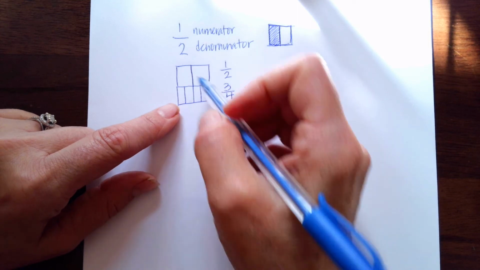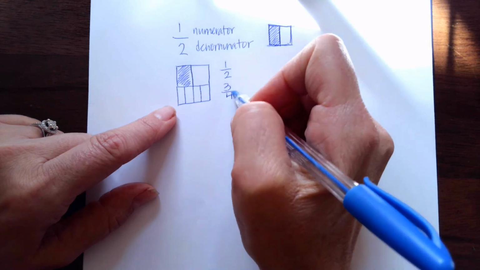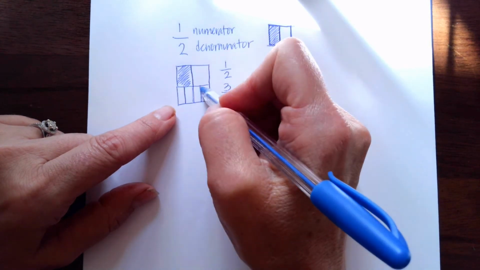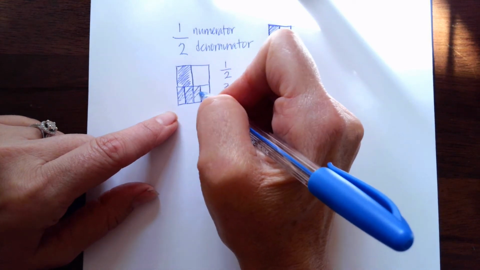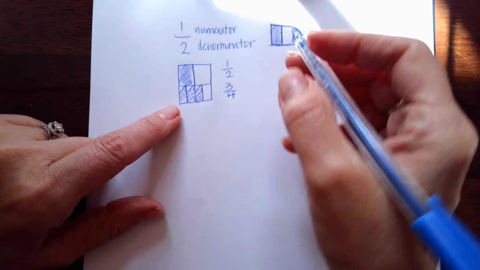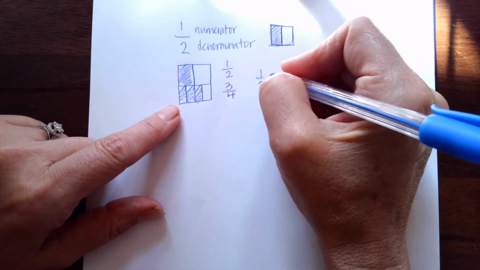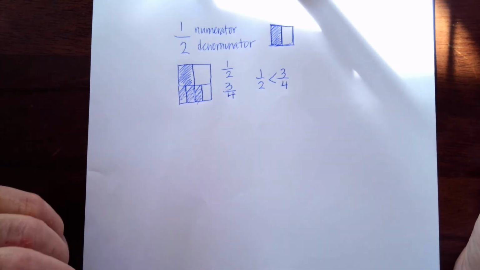So this one is going to have 2 pieces with 1 piece being filled in. This one is going to have 4 pieces and it's 1, 2, 3 pieces filled in. So then we can easily see which one is bigger. So 1/2 is less than 3/4. So that is one way to do it.